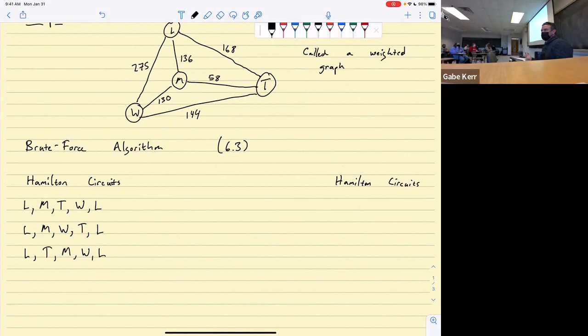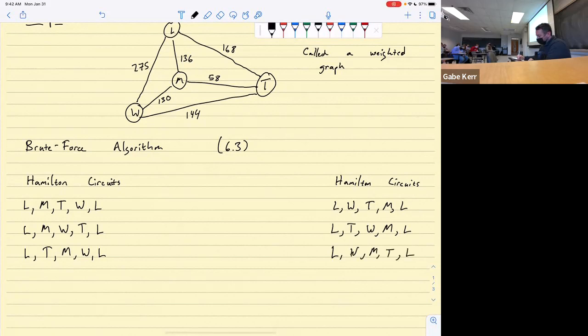We have the same road we're driving, going the opposite direction. So we can reverse the direction of these circuits and get the other 3, not without affecting our weight count. And this gives us all 6.